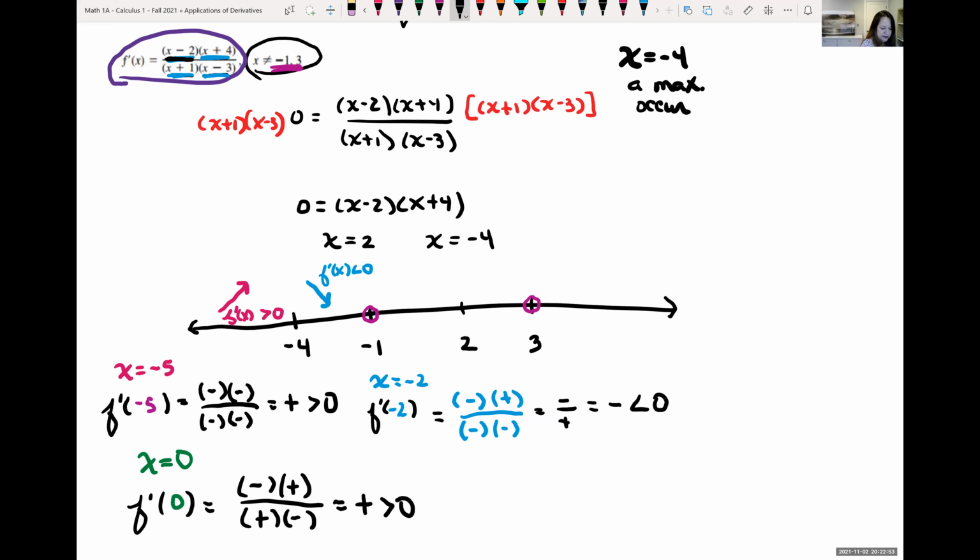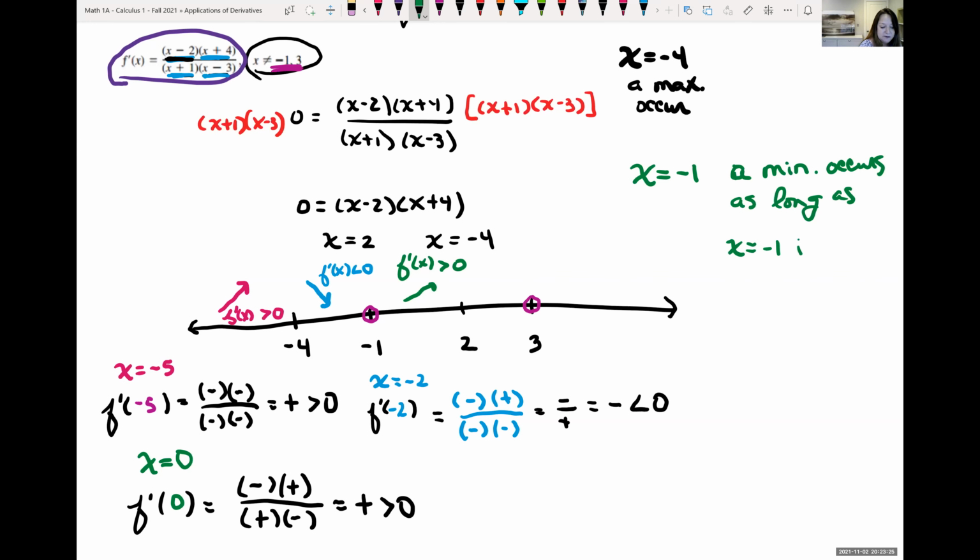It's greater than 0. So now we have something which is increasing here. Our derivative in that interval was greater than 0. So x equals -1 is a min occurs, as long as x equals -1 is defined for f of x.